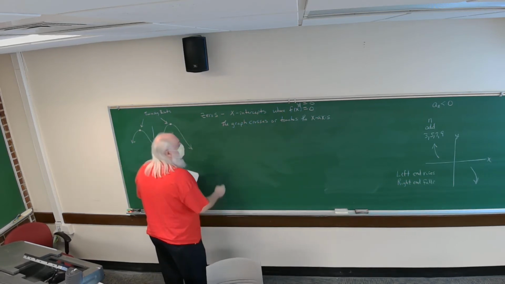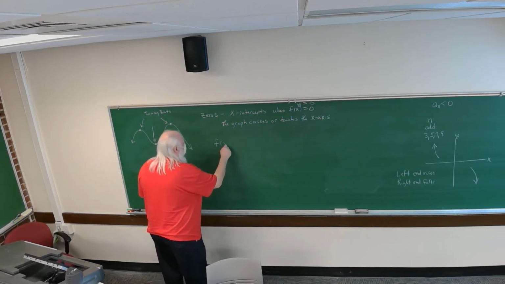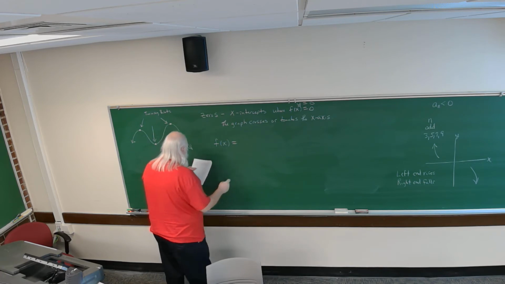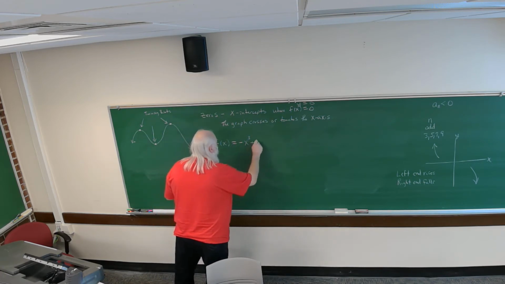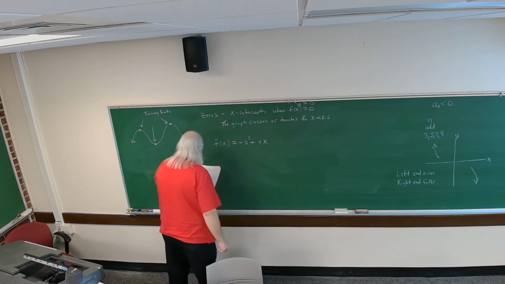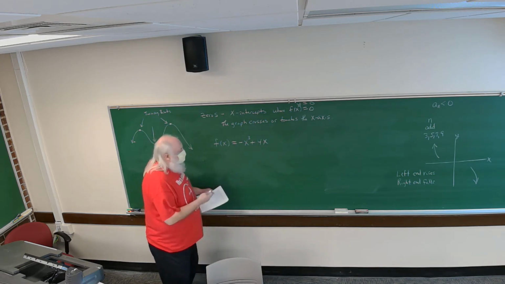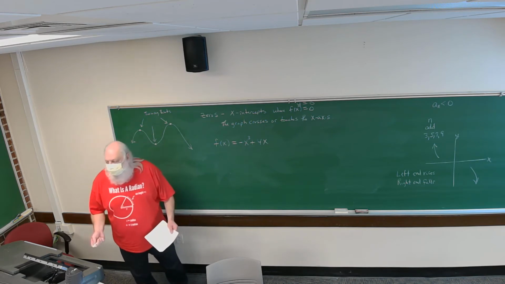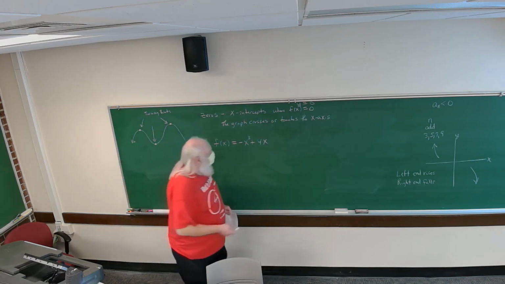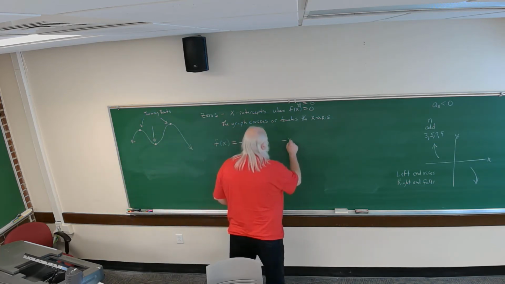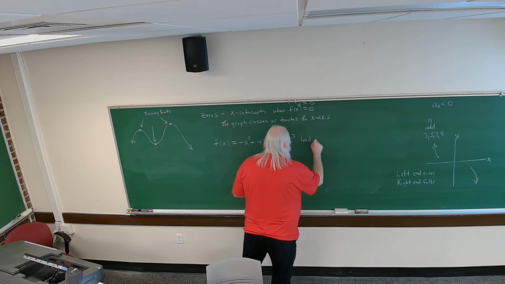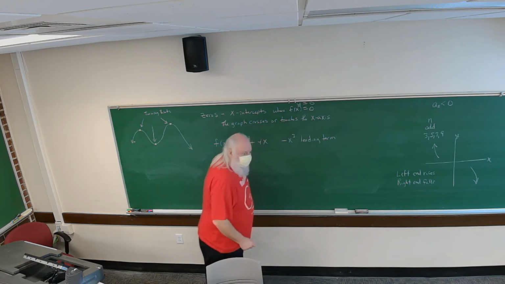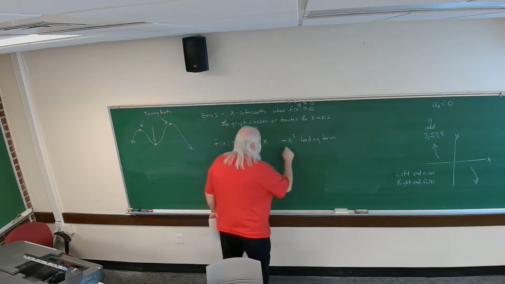So in A, we have f of x is equal to minus x cubed plus 4x. So what's the leading term in this polynomial function? Minus x cubed. What's the degree of this polynomial function?